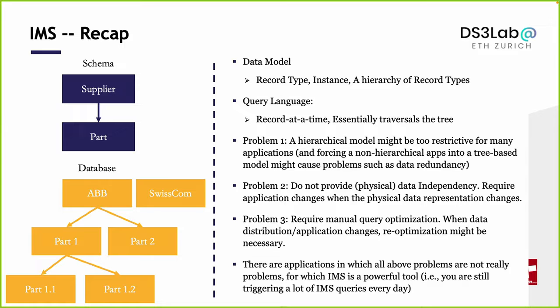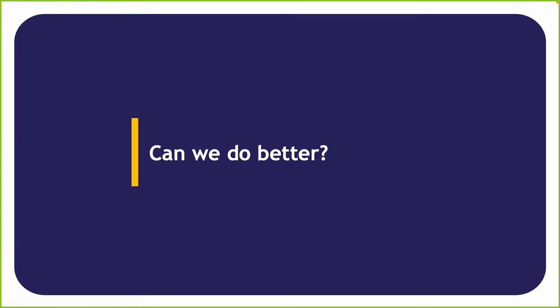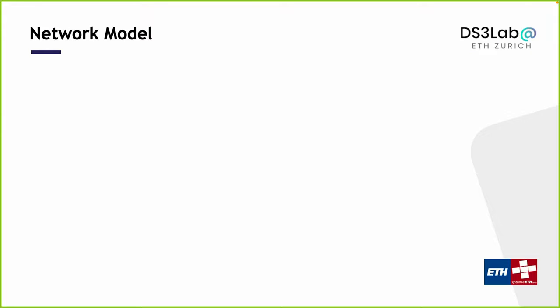But we're always curious about, given this, whether we can do better. And that's actually what people were asking back in the 70s, right? So given this hierarchical model to start with, we know it has a whole bunch of problems. So what should we do? Can we do better? So that gives you the second type of data model called the network model, okay?